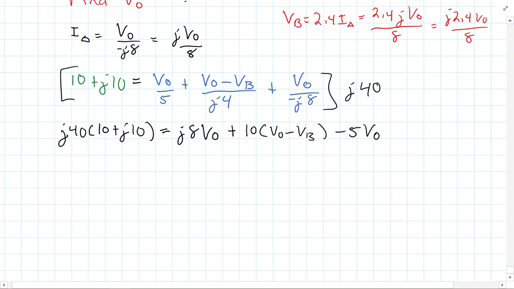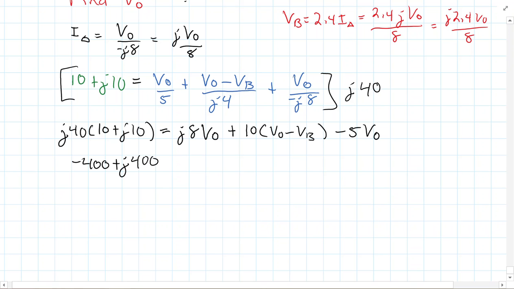And then if we do some calculations on our calculators, let me pull mine up a second. Alright, so we have 40j times 10 plus 10j, which is something you could really do in your head, but I was just using my calculator to double check.